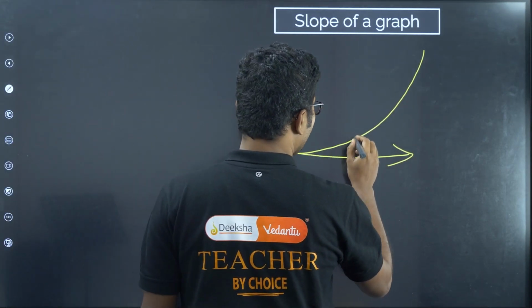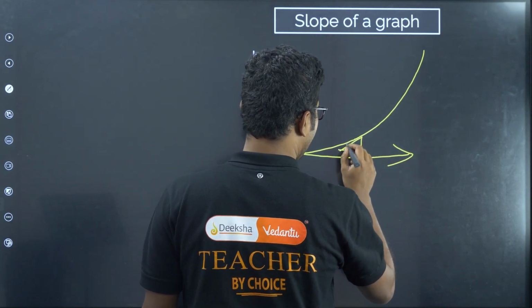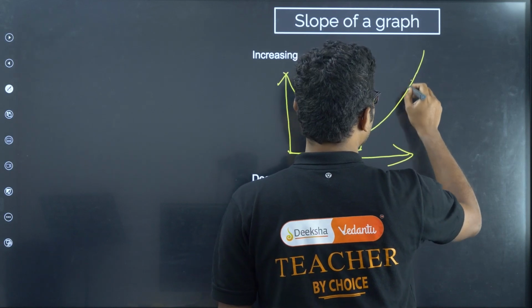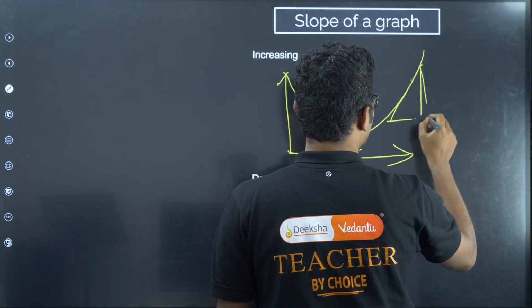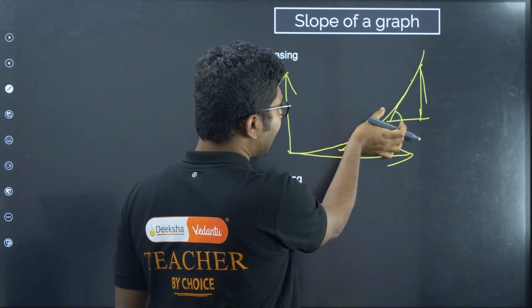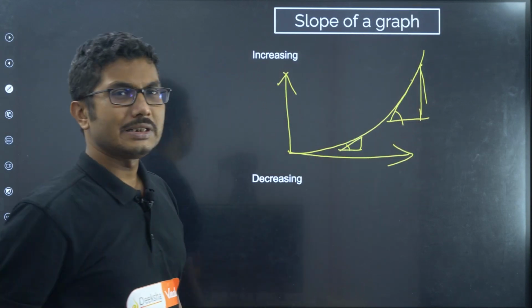For that I have to draw a triangle here, and I will see that the angle is small. If I draw the same triangle here, you will see that the angle is much bigger. If you measure this angle and this angle, this is bigger. So in this case the slope is increasing.